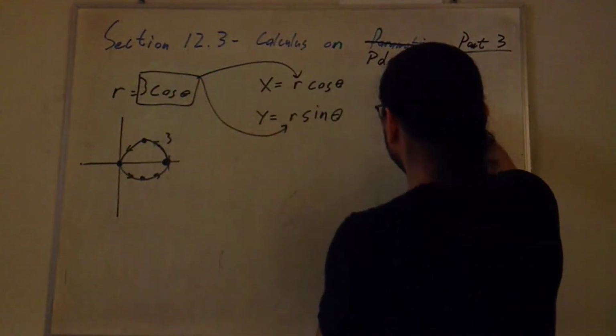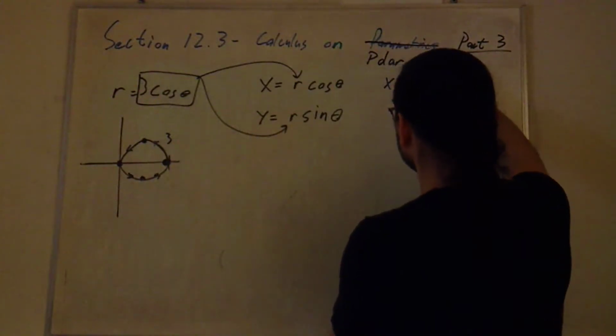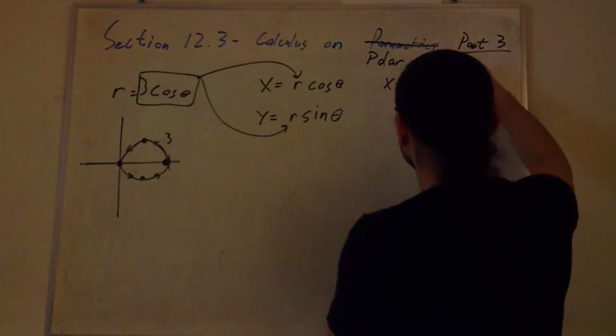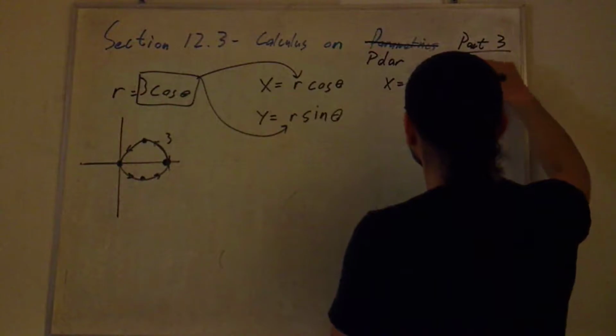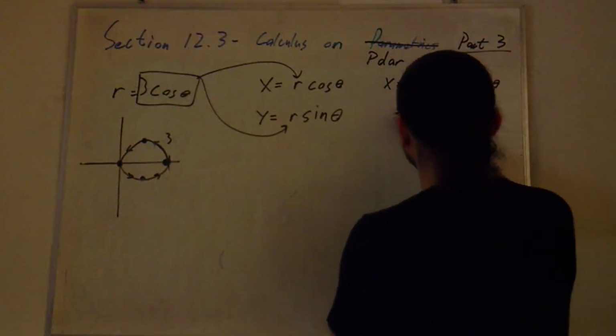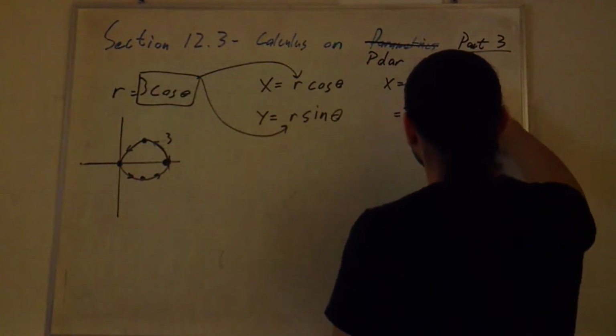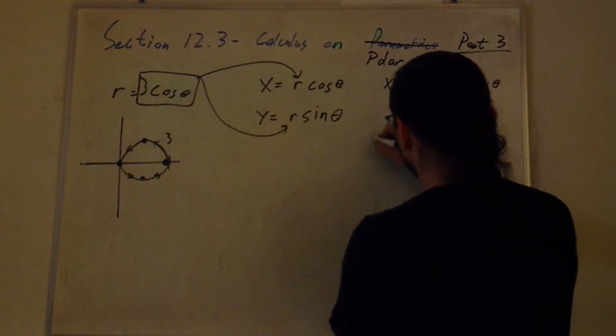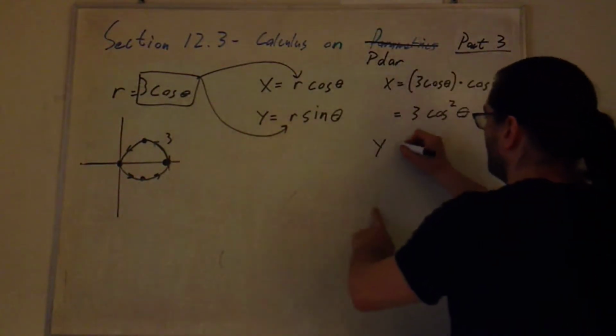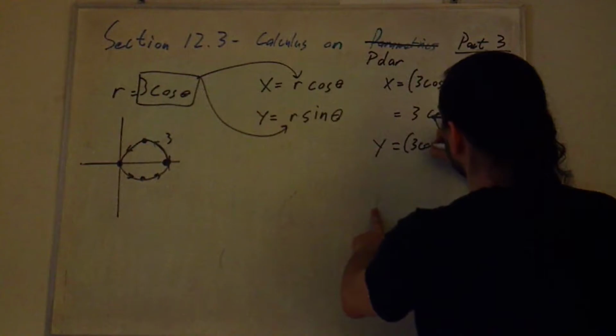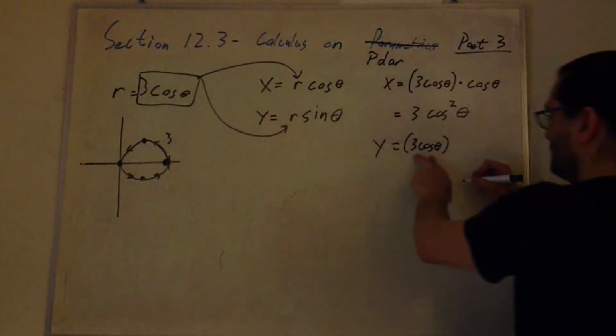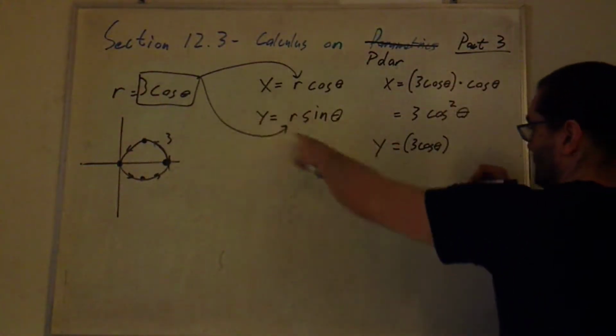That'll give me x equals 3 cosine theta times cosine theta, which is 3 cosine squared theta. This one will give me y equals 3 cosine theta times sine theta. That's still r. R is always 3 cosine theta.